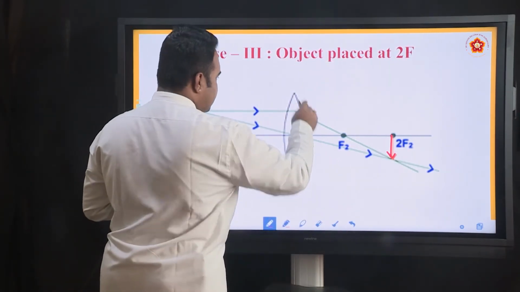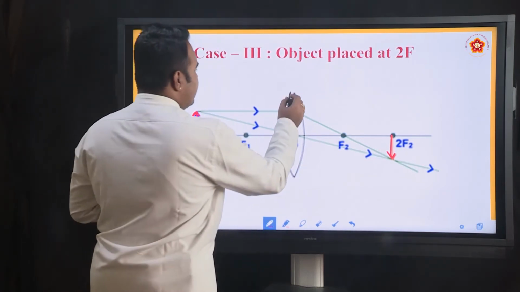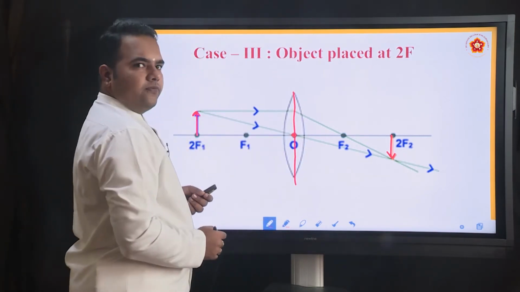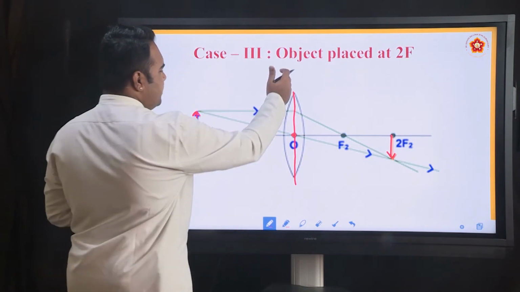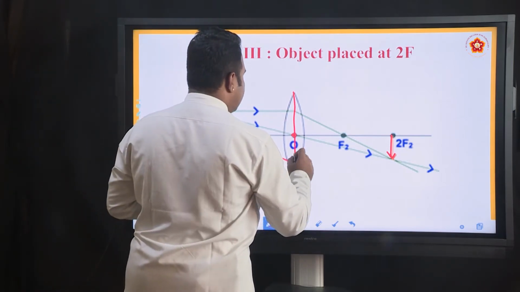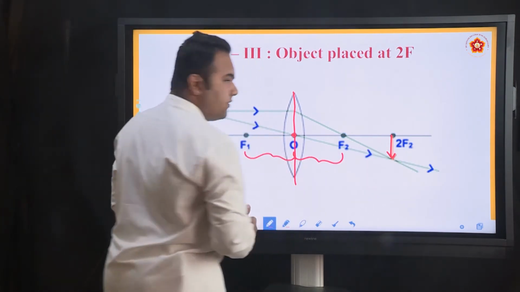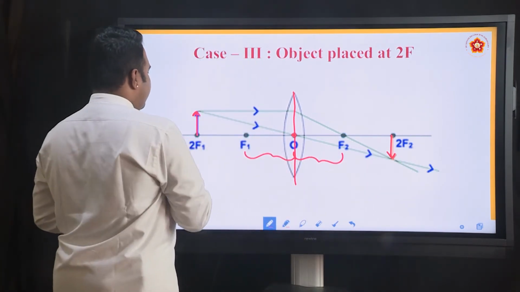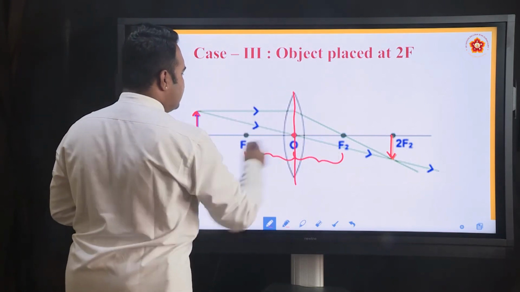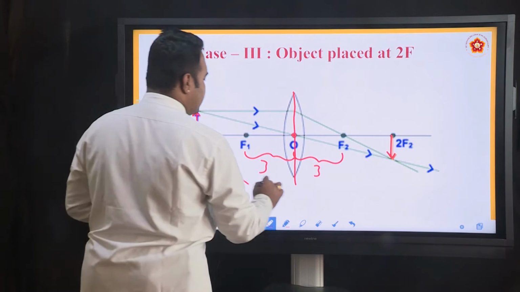Draw a convex lens and mark the optic center exactly at the center, and you can draw a very thin line passing through the center of the lens, which makes it half. In some of the books they give a very thin line drawn exactly at the center of the lens. Now if you mark these points symmetrically and mark these distances exactly on either side of the lens, you can verify this. For example, mark 3 and 3 centimeters. If this is 3, the whole thing should become 6.